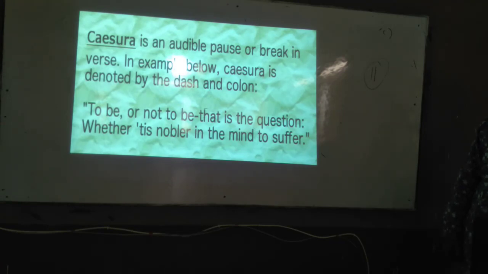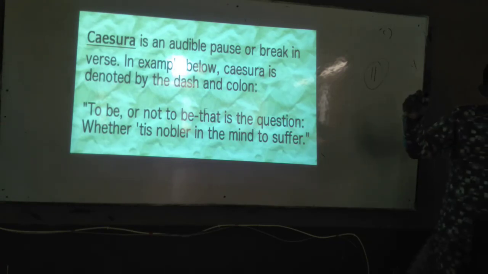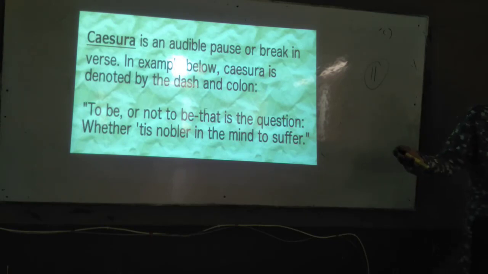Whenever we are writing, it doesn't need to pause there, but whenever we speak or utter the sentence, we have to stop there. That pause is called an audible pause, and that audible pause is called Caesura, or a break in verse. In the example below, Caesura is denoted by a dash and colon.